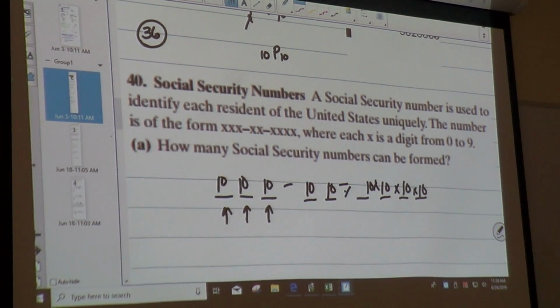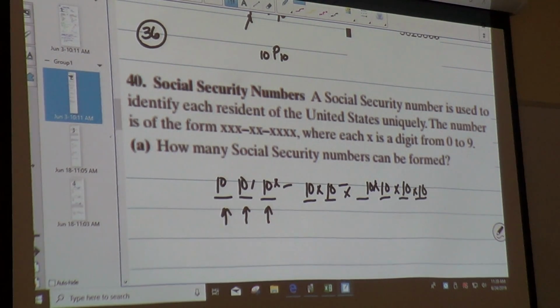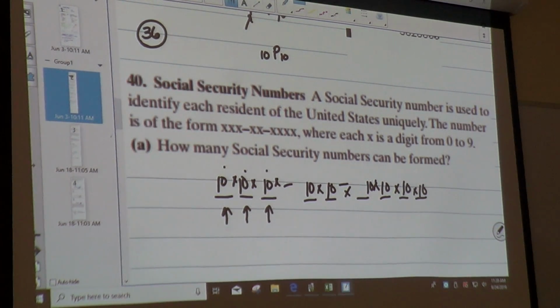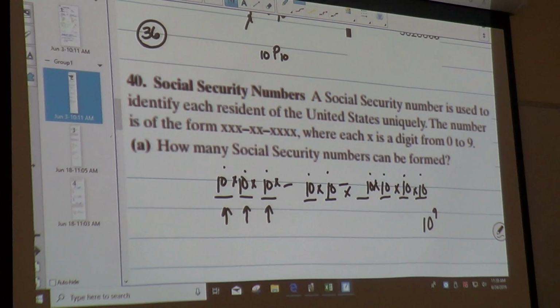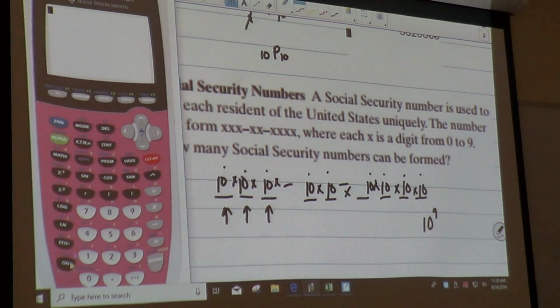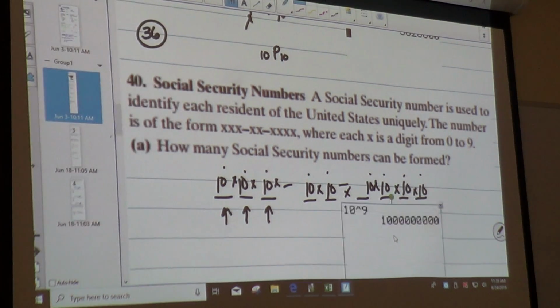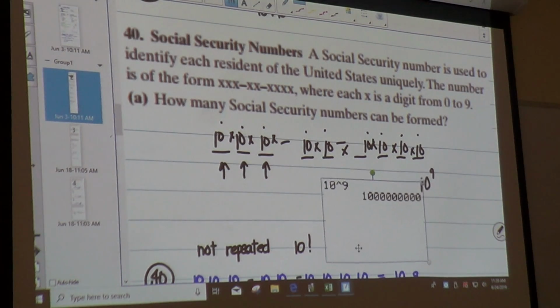So it's going to be 10 to the what power? 1, 2, 3, 4, 5, 6, 7, 8, 9. So 10 to the 9th power. So y'all, we are going to be screwed if I do 10 to the 9th power.